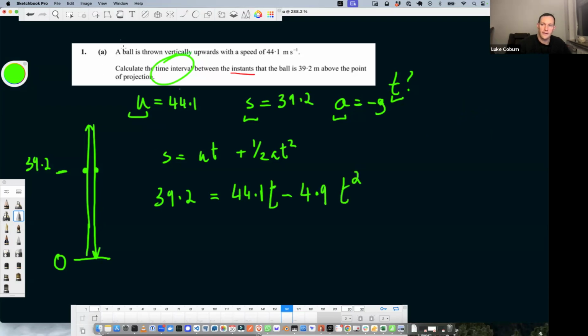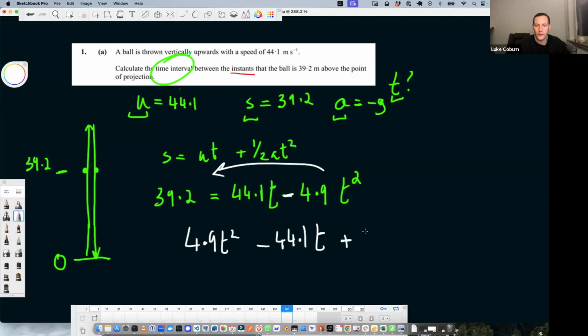And we're just on time, so I'll finish this off now. I'm going to bring everything over to the left-hand side. 4.9 T squared, I lose the minus, then I bring over the minus 44.1 times T, and then plus 39.2 equal to 0.